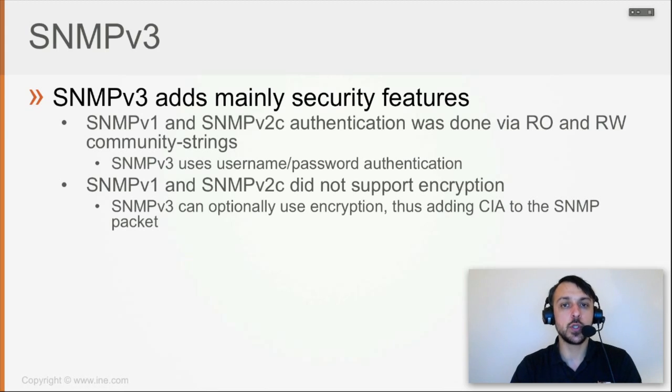One of the problems with V1 and V2C and the use of community strings is that the community string, or that password which was shared between the agent and the manager, was actually being sent in clear text in the SNMP packets.